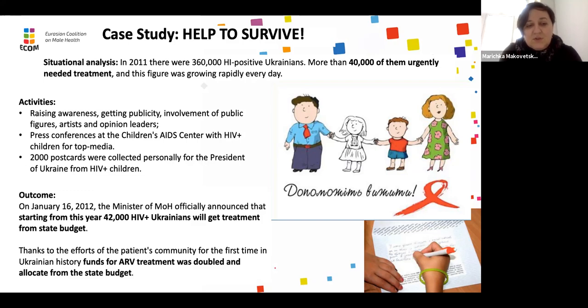So in January 2016, the Minister of Health officially announced that starting from this year, all those people will get their treatment free of charge. And it was the first time in Ukrainian history of HIV that the state budget was doubled and money allocated for the ARV treatment. So that was the beginning of free of charge ARV treatment for all HIV positive Ukrainians, which was a really tremendous change in the policy because it had never existed before. And it was a very huge success of all the civil organizations and the patients.